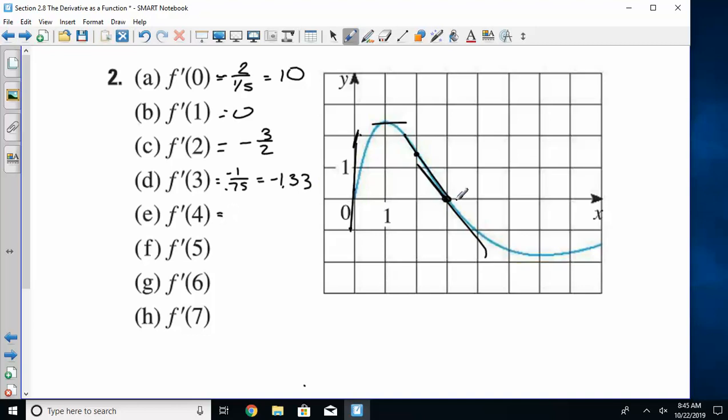Okay, f prime of 4. So maybe down 1/3 over 3/4. Down 1/3 over 3/4, is that close enough? What does that give you?